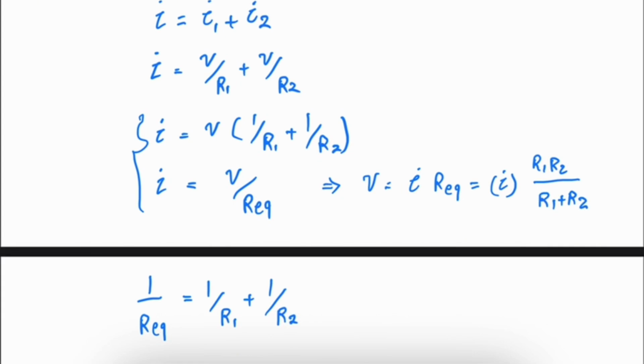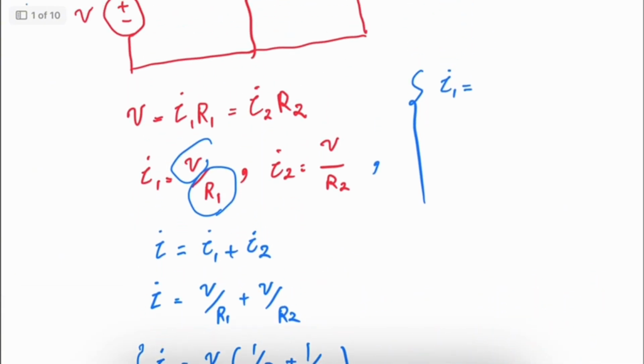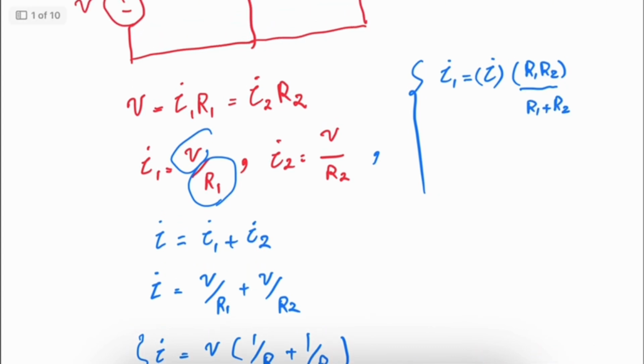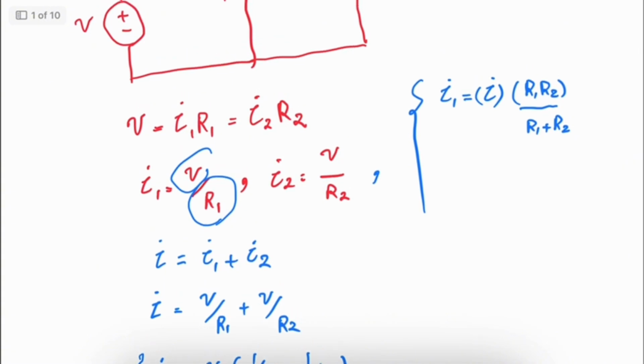If, rather than V, I replace with this expression, I can say that I1 is I times R1 R2 over R1 plus R2, times 1 over R1.